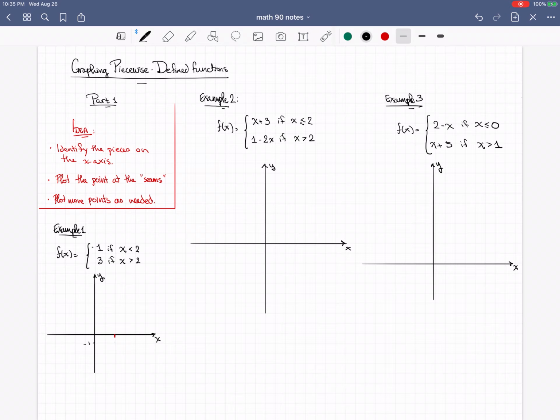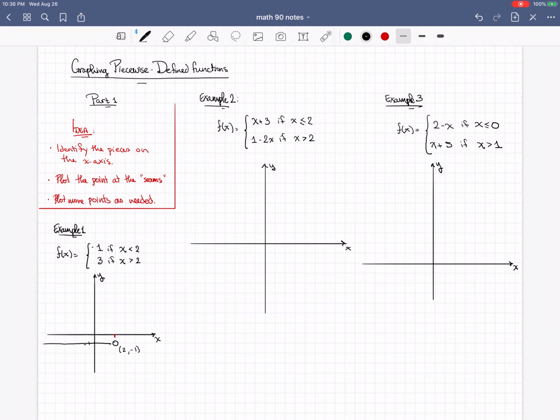Now watch. Because it's strictly less than 2, I'm going to put an empty dot at the point (2, -1) to indicate that at 2, this function does not assign the output -1, but all the way up to 2, it assigns the output -1. So that is the first piece.